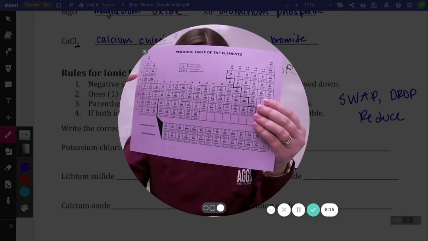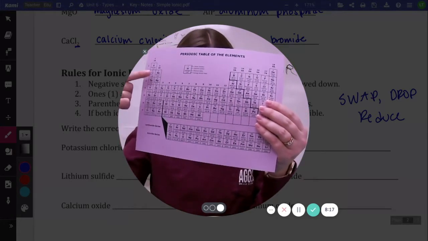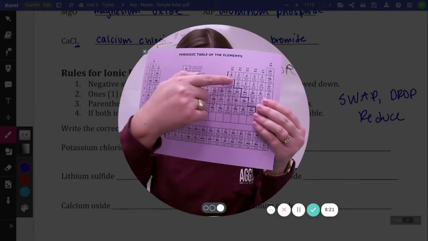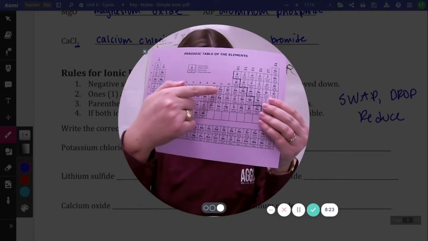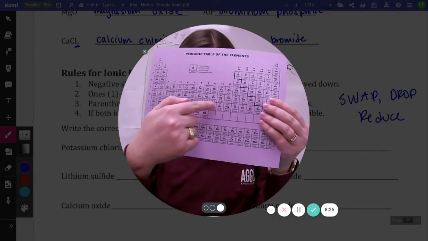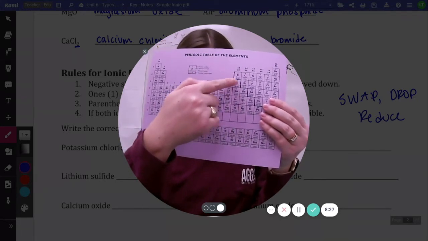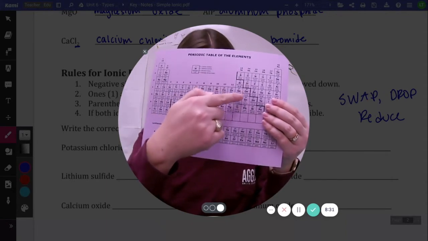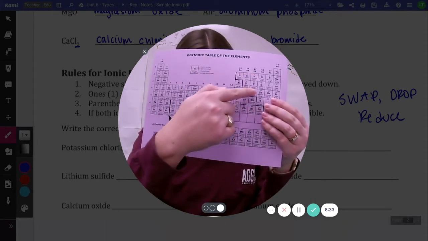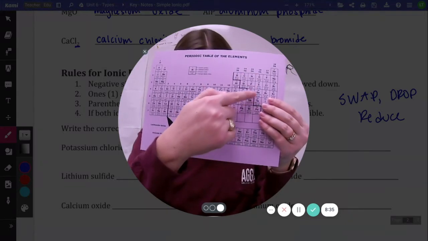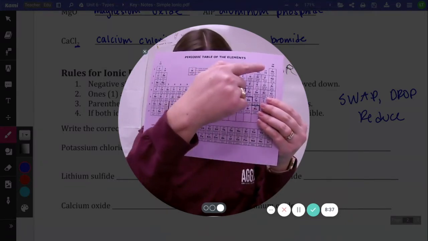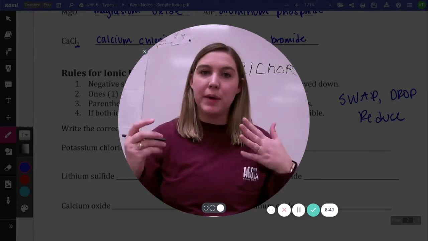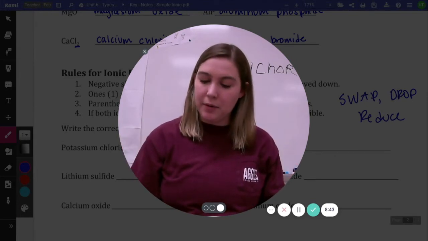So once again, positive 1 in group 1, positive 2 in group 2, all of our transition metals, including those under the stairs, we will talk about more next class. Positive 3, negative 4, negative 3, negative 2, negative 1, 0. That is how we determine charges based on where they are on the periodic table.